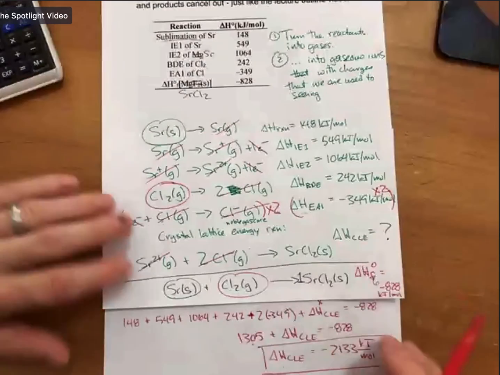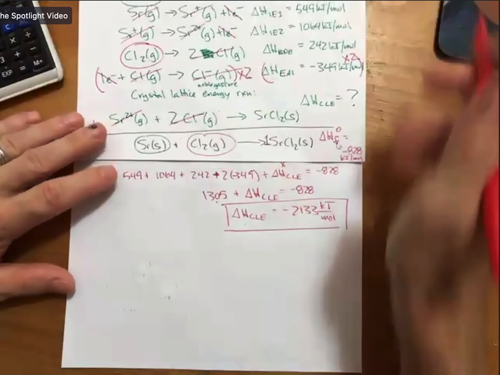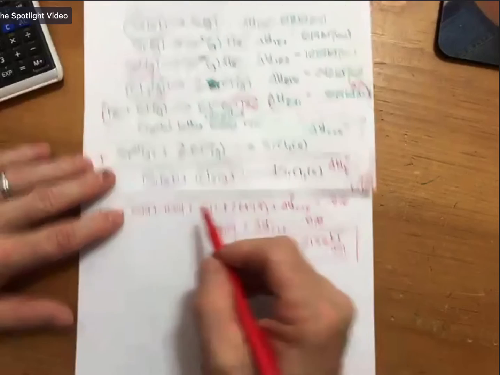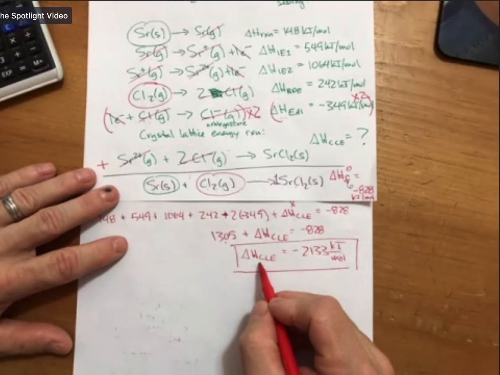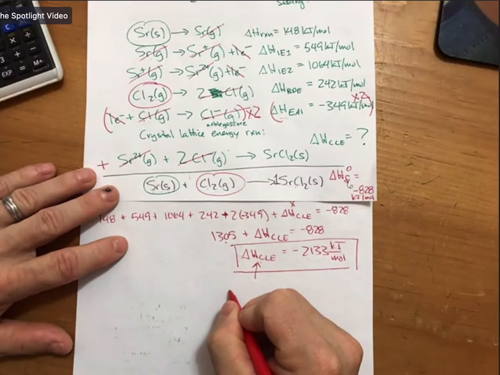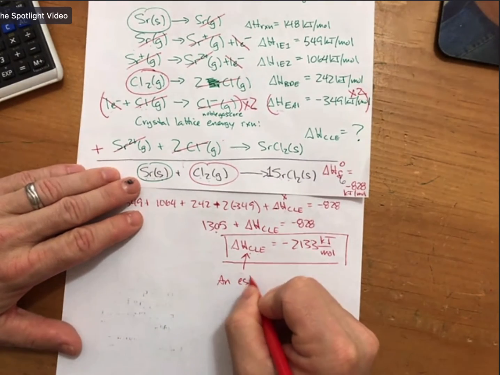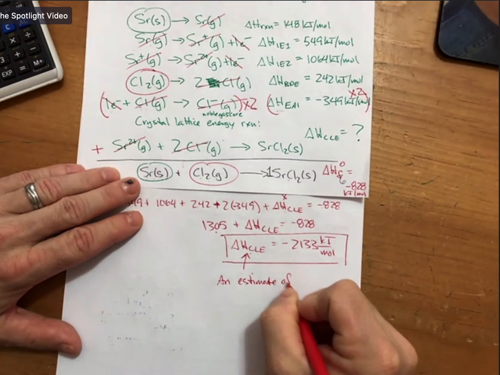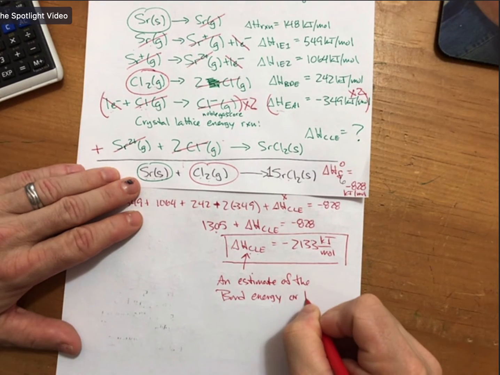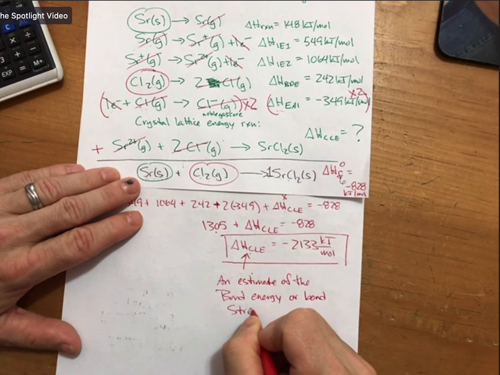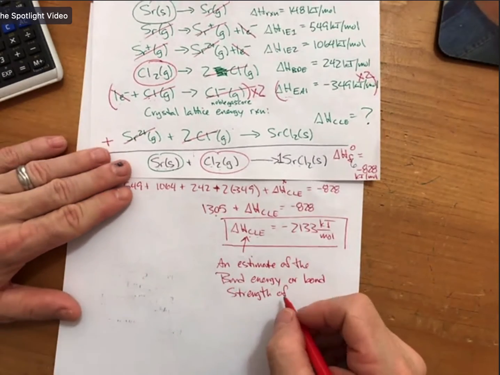That is a Born-Haber cycle, and the point of this is that we get an idea of the bond strength for strontium chloride, and the bond strength for an ionic bond is called the crystal lattice energy. So this is an estimate of the bond energy or bond strength of the ionic bond in strontium chloride.